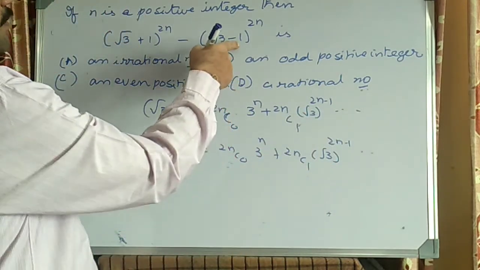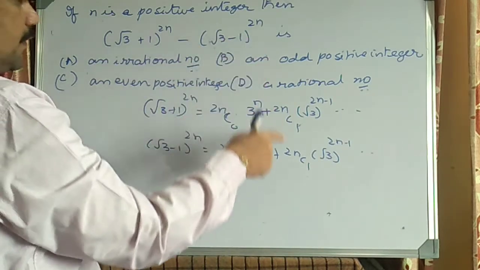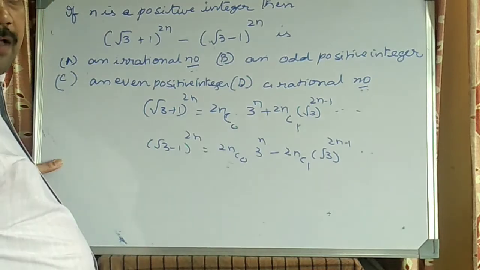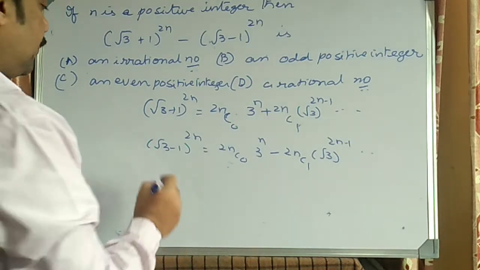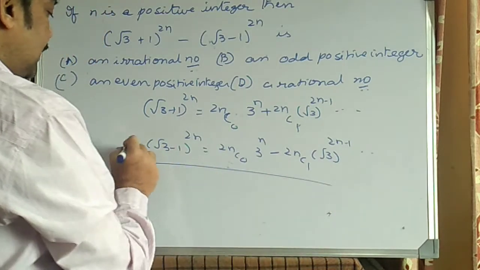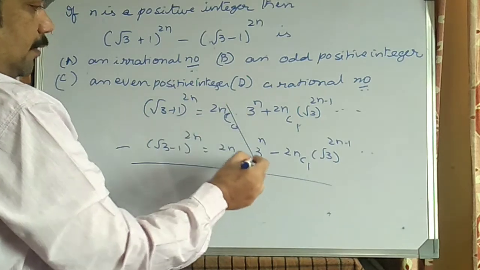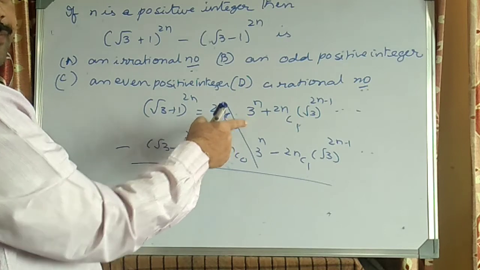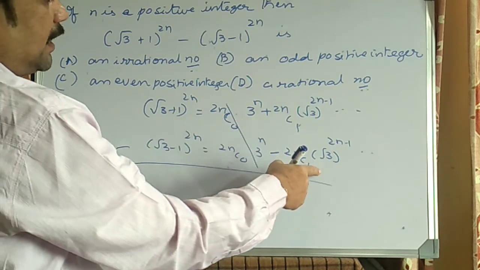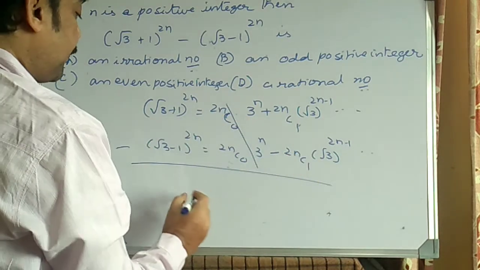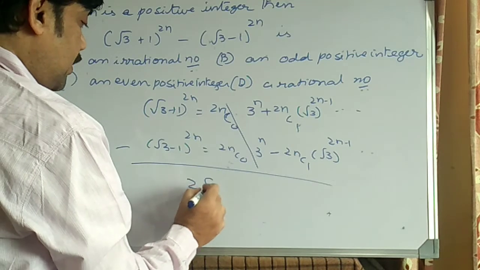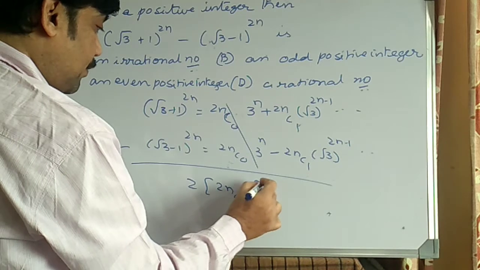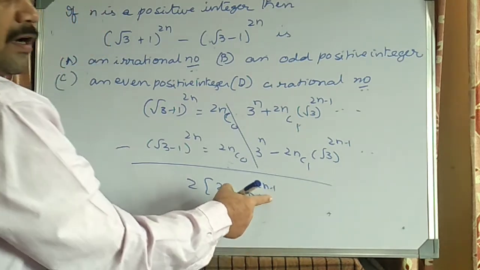But I am having a negative sign for minus 1. So for every odd power of 1, I am having a minus sign. So if I subtract now, the terms which are rational are cancelled. So very clearly the irrational terms remain: 2 into 2nc1 into (root 3) whole to the power 2n minus 1, which is an odd number.